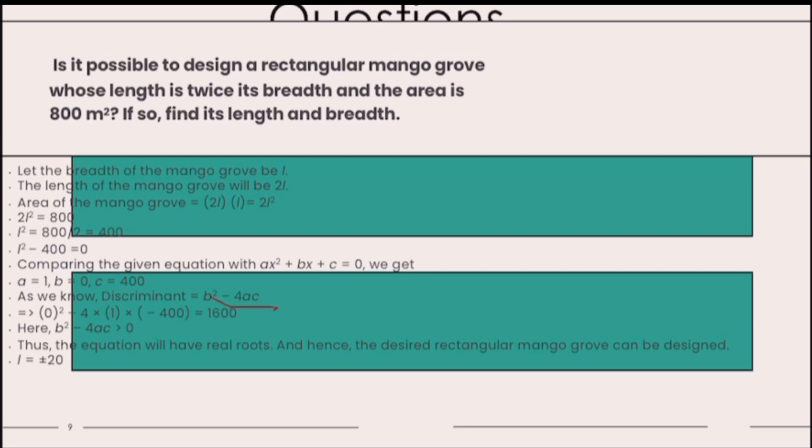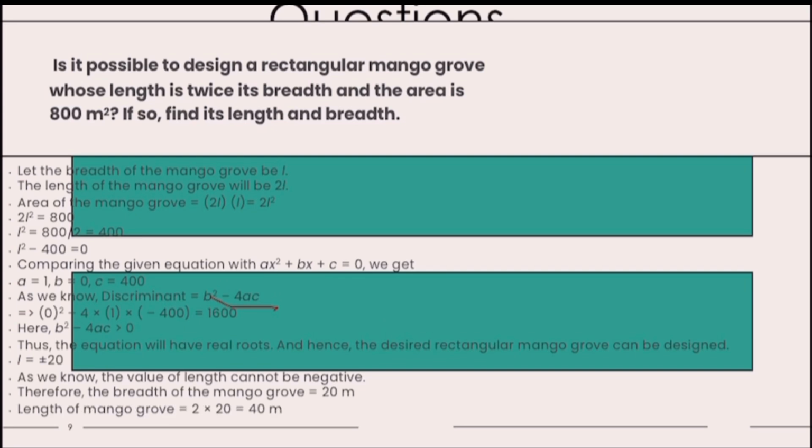So L is plus or minus 20, and the value of length cannot be negative, so the breadth of the mango grove will be 20 meters. And the length of the mango grove will be 2 into 20, 40 meters.